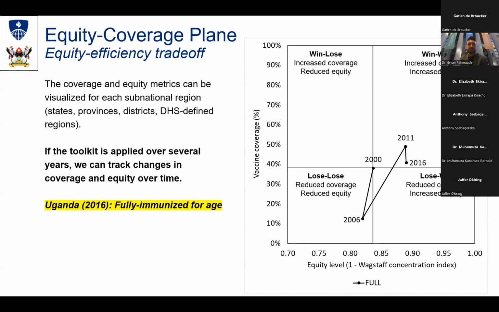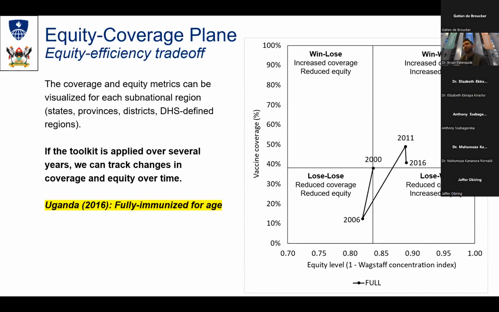But we see over time for specific outcomes, so again, this is fully immunized for age using the 2016 Demographic and Health Survey for Uganda, that sometimes there have been coverage and equity changes in the wrong direction between 2000 and 2006 for this particular outcome, then huge advancements between 2006 and 2011 in the right direction for both coverage and equity. And then gains in coverage or gains in equity and only modest increases in coverage or changes in coverage over the 2011 to 2016 period.